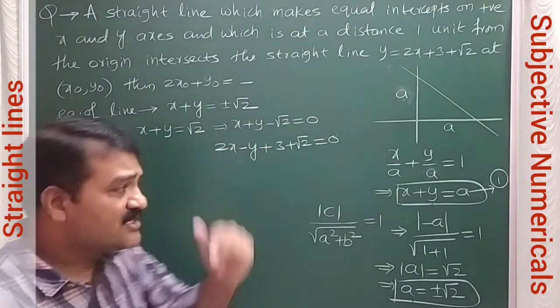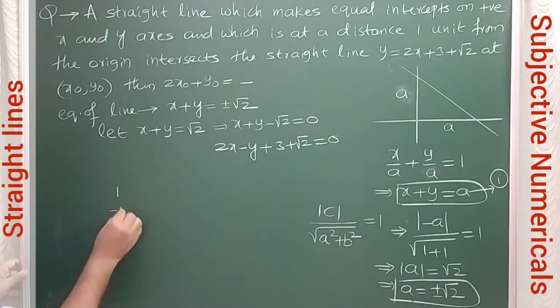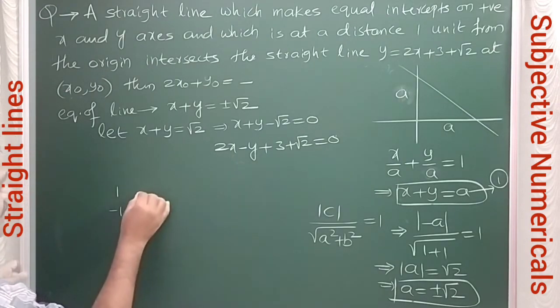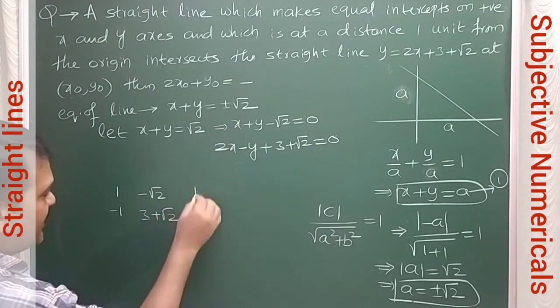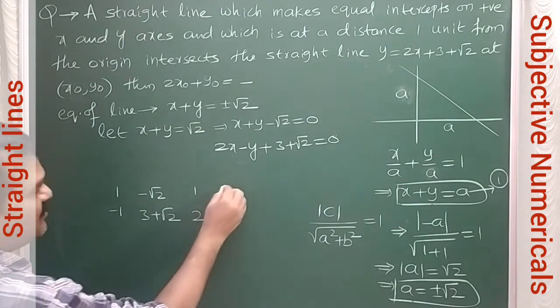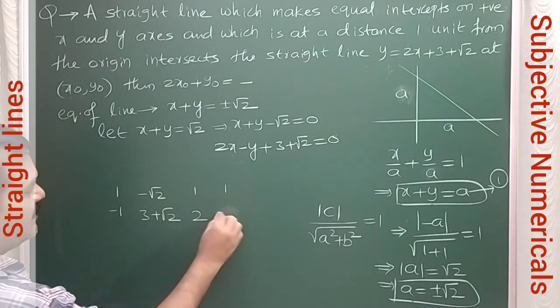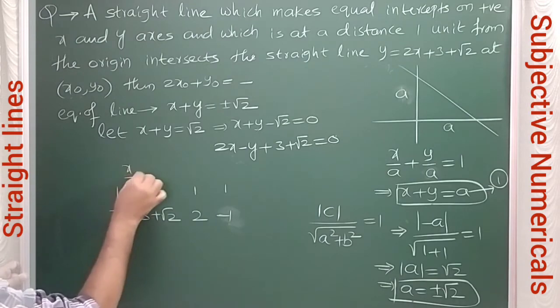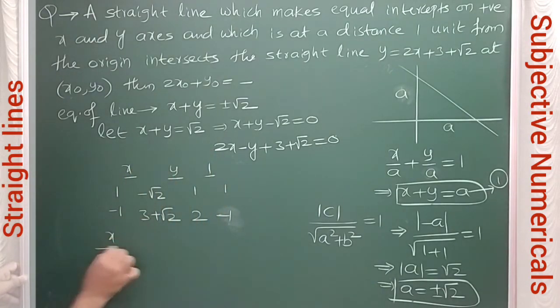So let us solve these two. I will use the crisscross method. First y coefficients 1, minus 1, next constants minus root 2, 3 plus root 2, next x coefficients, next y coefficients again. Now this is x, y, constant. So what are we getting now?